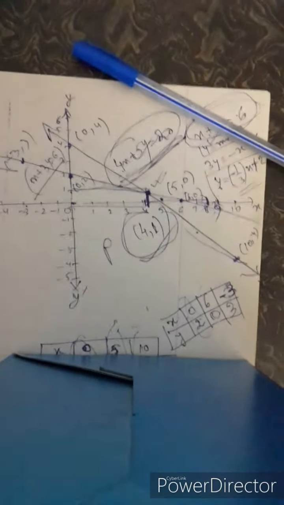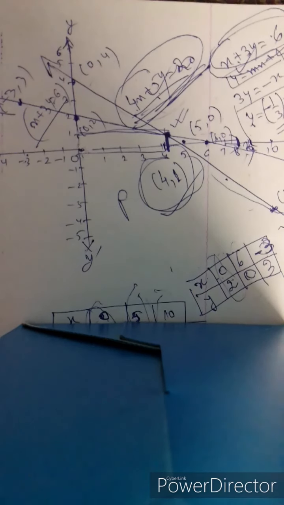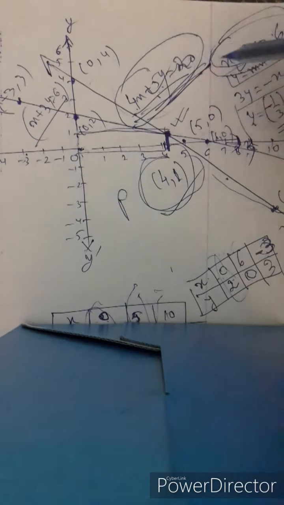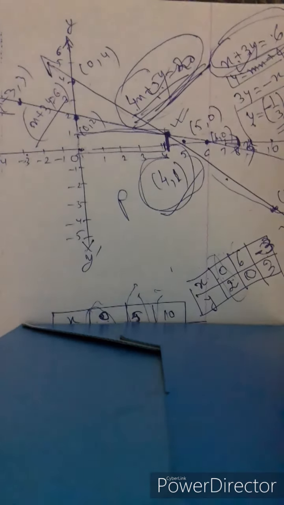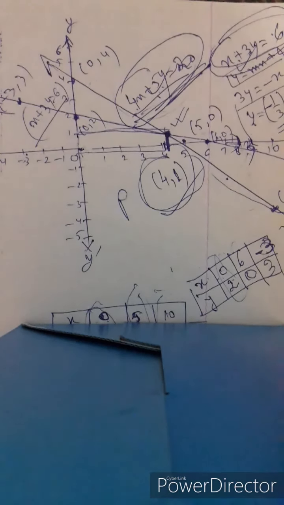All right, I hope you are able to see this. Suppose the first equation is given, we will convert it into the format y equals mx plus c. 5y equals minus 4x plus 20, then y becomes equal to minus 4 by 5x plus 4.